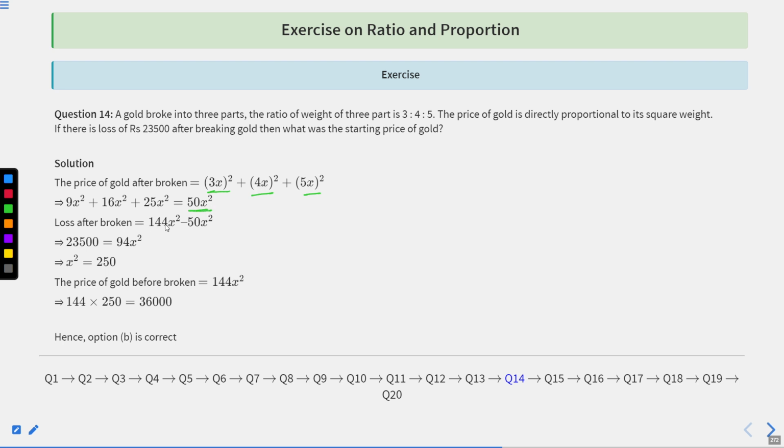So the loss after breaking is equal to the old price minus the new price, that is 144x square minus 50x square, which is equal to 23,500 given in the question, which is equal to 94x square. So x square will be 250. So the price of gold before breaking was 144x square, and 144 times 250 will be 36,000. So the correct option here is option B.